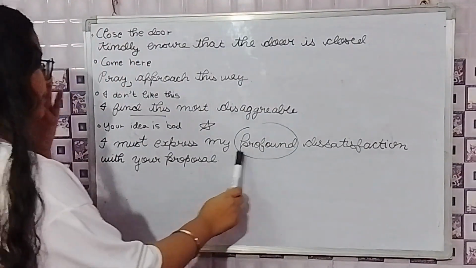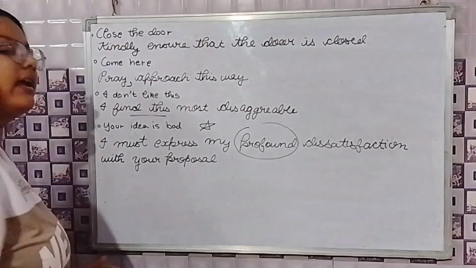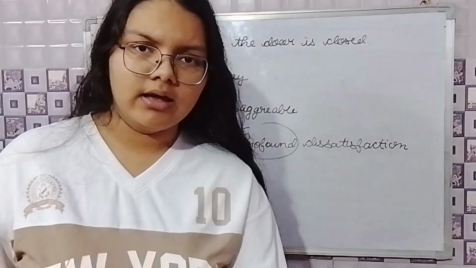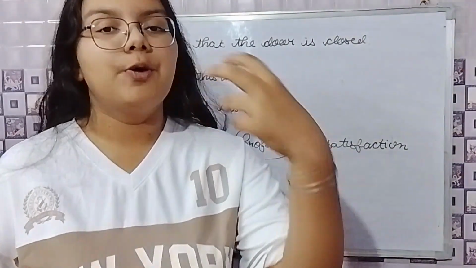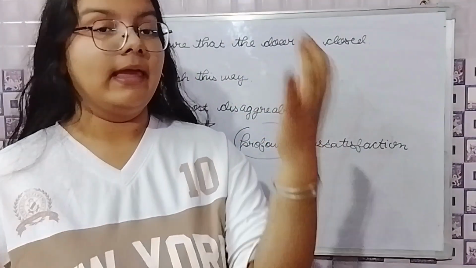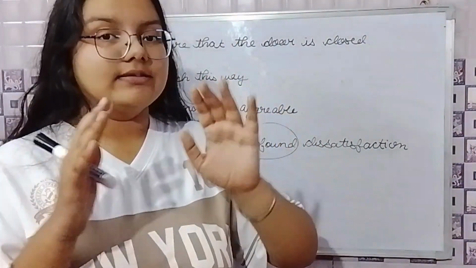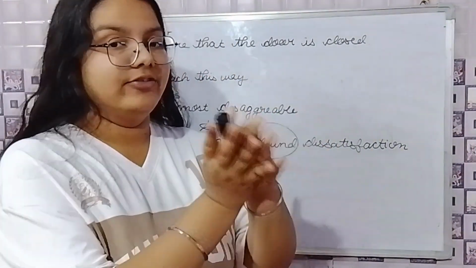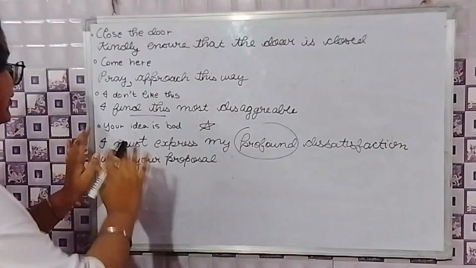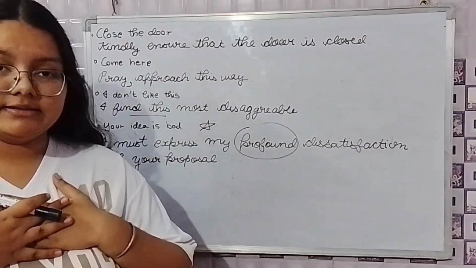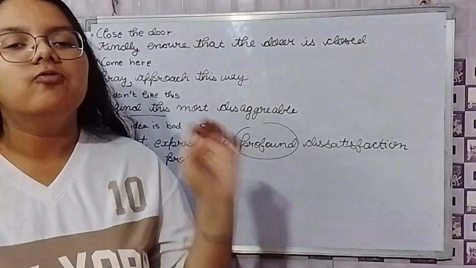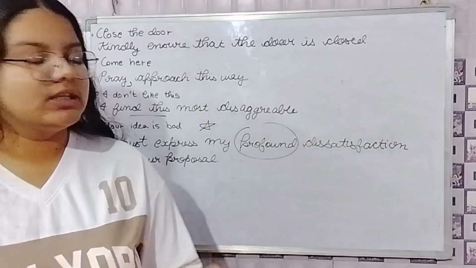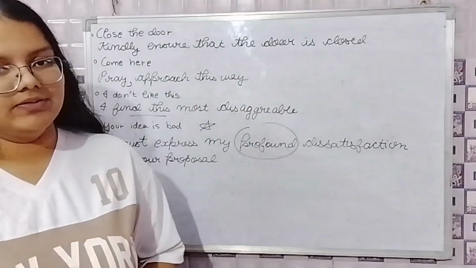So it is "my profound dissatisfaction with your idea," no, with your proposal. We have to think as if we are from the 1800s, from the 1700s. So "your idea is bad" becomes "I must express my profound dissatisfaction with your proposal."